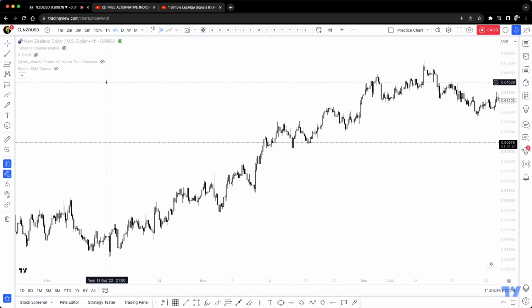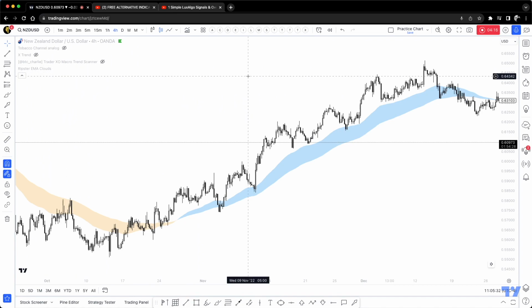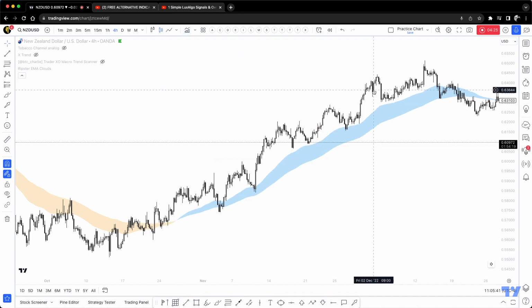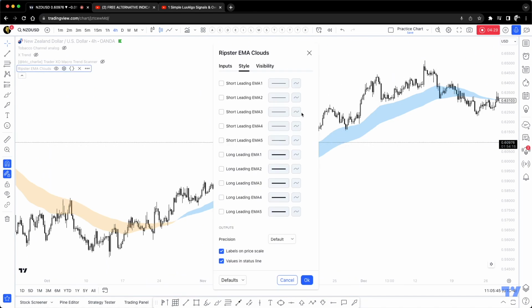So let's start by adding this Ripster EMA Cloud. How do you find it? Simply go on indicators and type in Ripster. That's the creator. Now with this set of moving averages, I'm hiding this. Just make sure to have the same settings if you want it as close as possible.